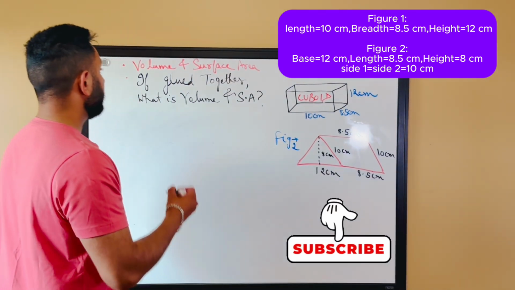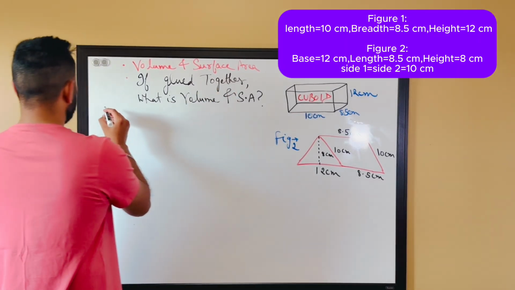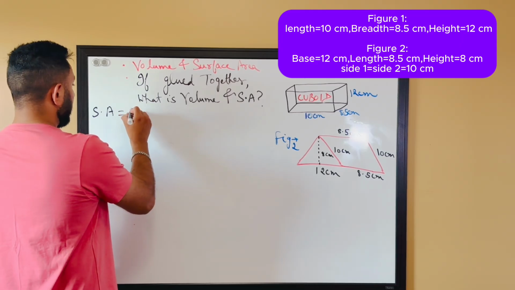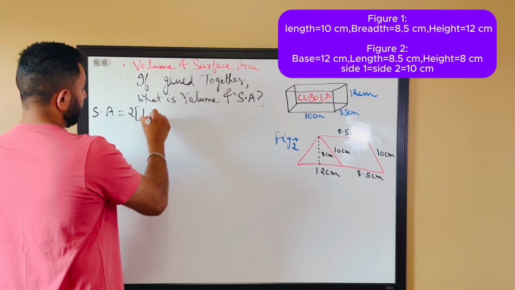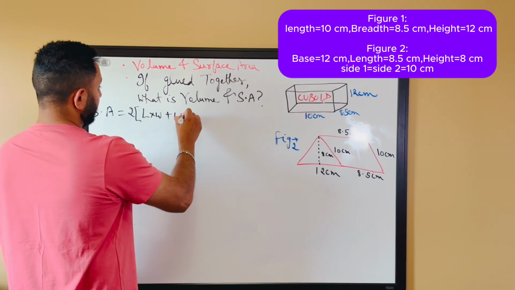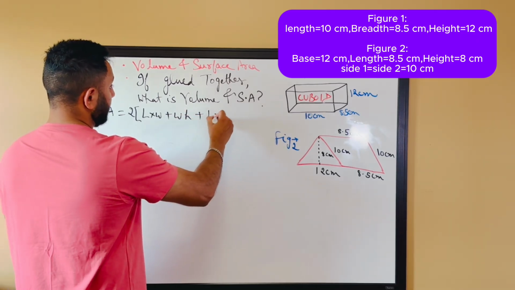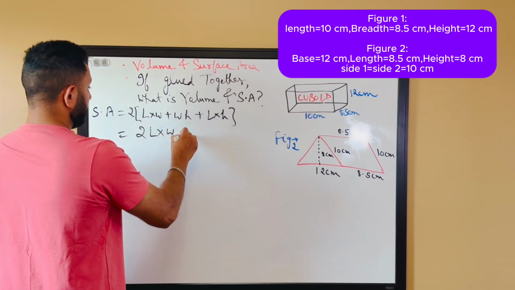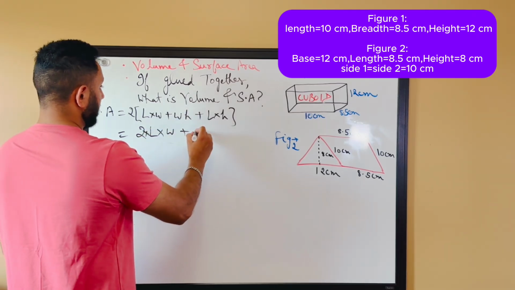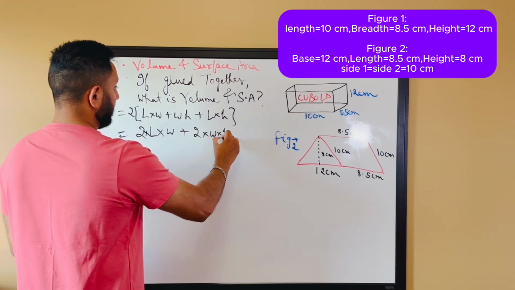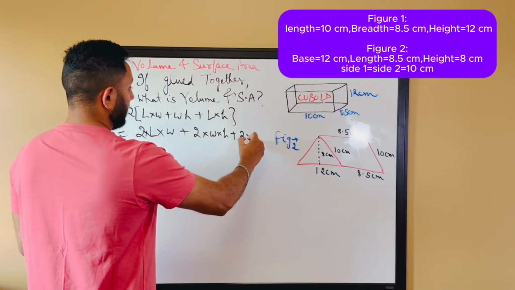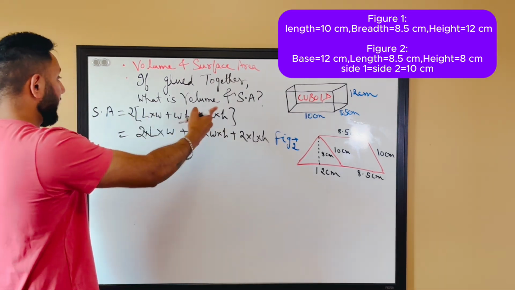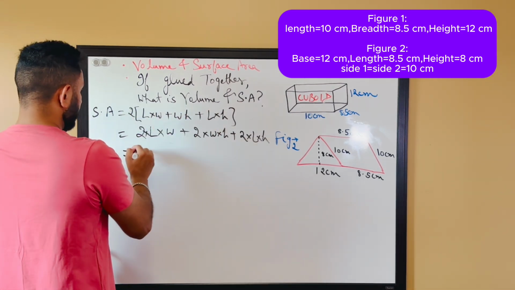Now we're gonna find out the surface area of the cuboid. The formula for the surface area of a cuboid is twice of length into width plus width into height plus length into height. So twice length into width plus twice width into height plus twice length into height, because we have multiplied by 2.